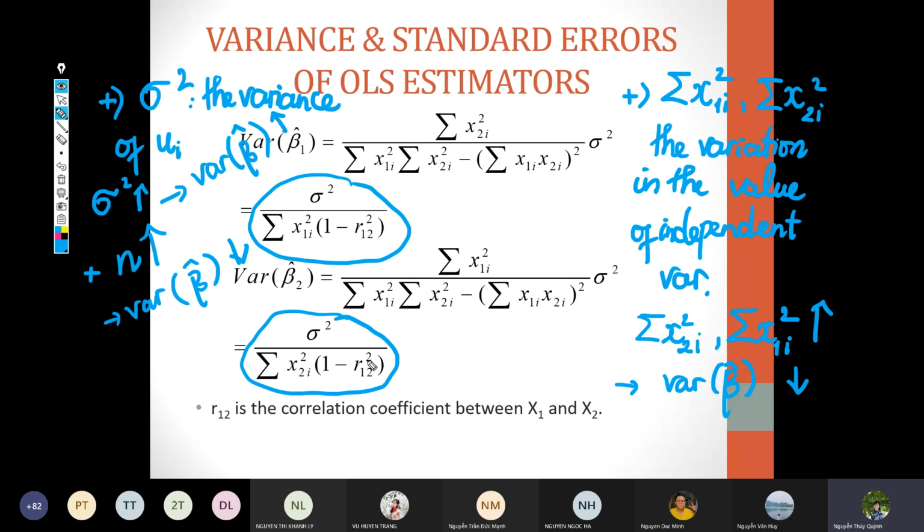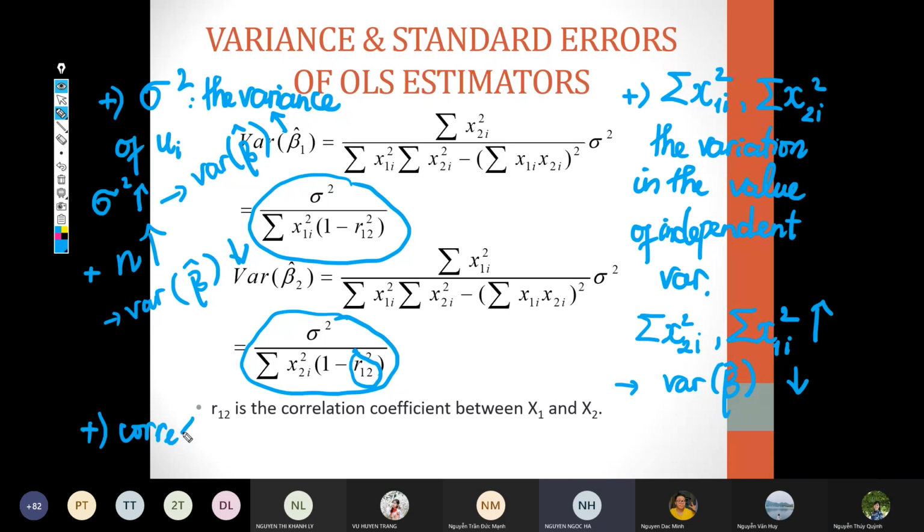That is the correlation between the independent variables, r12 here. r12 is the correlation coefficient between x2 and x1, the correlation between the independent variables of the model. How does this correlation affect the precision of our OLS estimators?